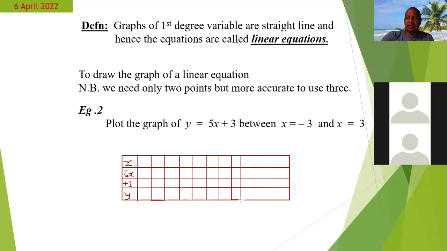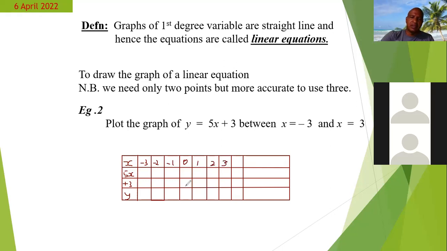I don't think we would need any more than these. For the top row, we write the range of values for x, starting from -3: -3, -2, -1, 0, 1, 2, 3.